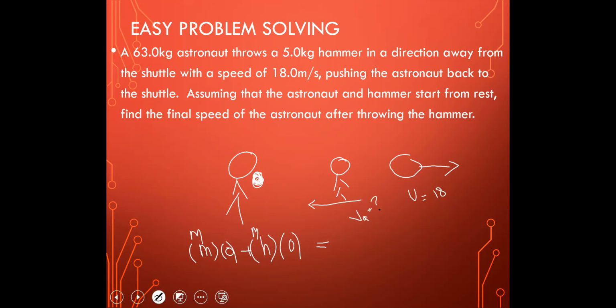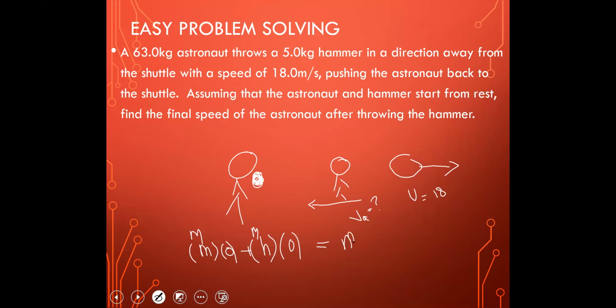So after collision, what do we have? Do they stick with each other? No. So I cannot say M1 plus M2. They are not stuck with each other. Both of them are going in different directions.